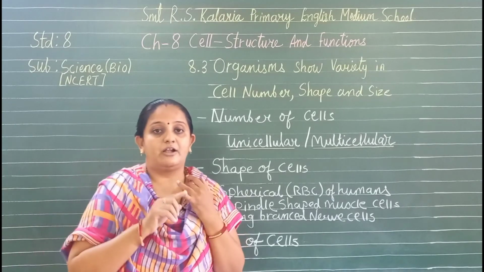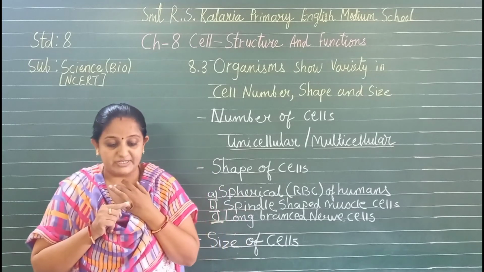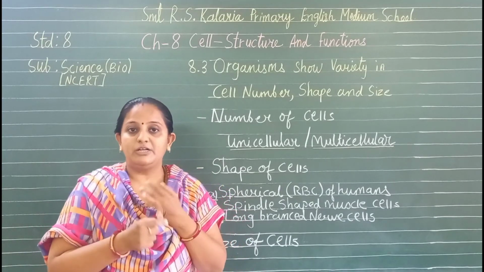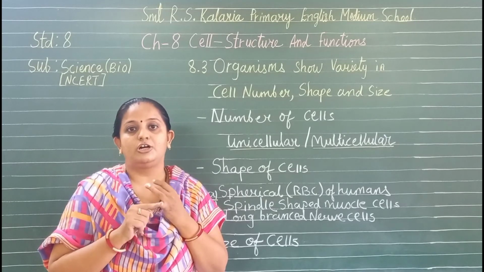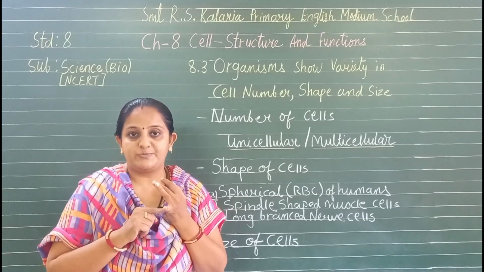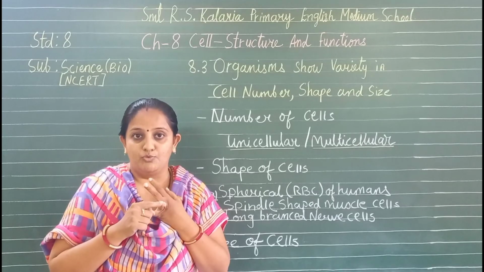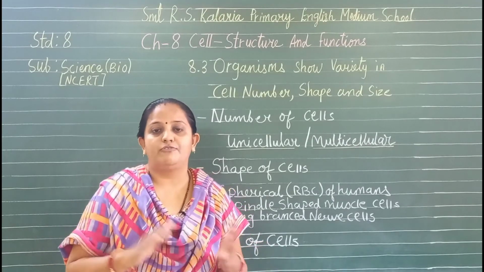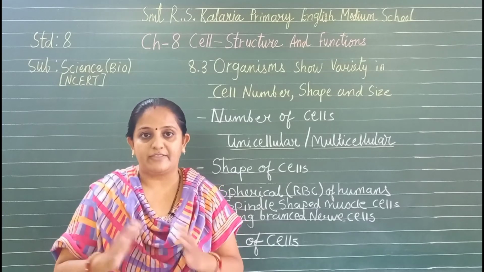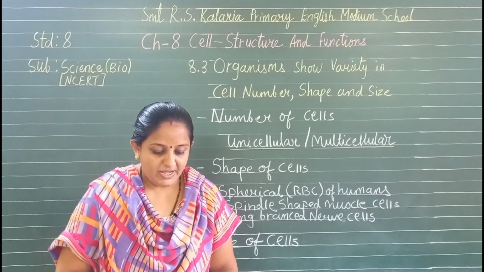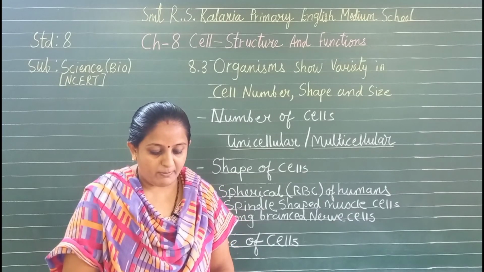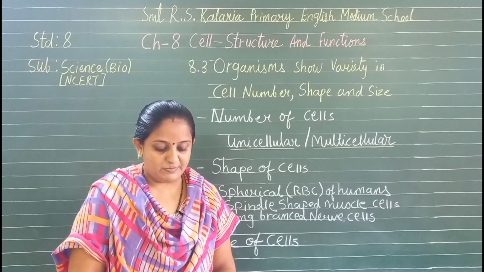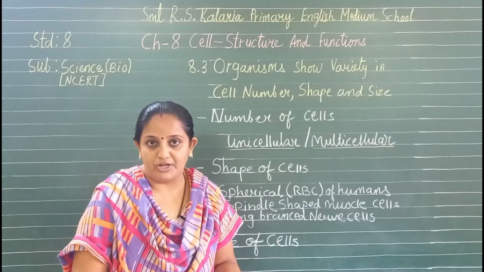We understood that amoeba is a single cell organism, but amoeba also performs functions like a multicellular organism, such as digestion, respiration and movement. In the same way, the functions of unicellular and multicellular organisms are the same. A single cell organism like amoeba captures and digests food, respires, excretes, grows, reproduces and maintains its body.